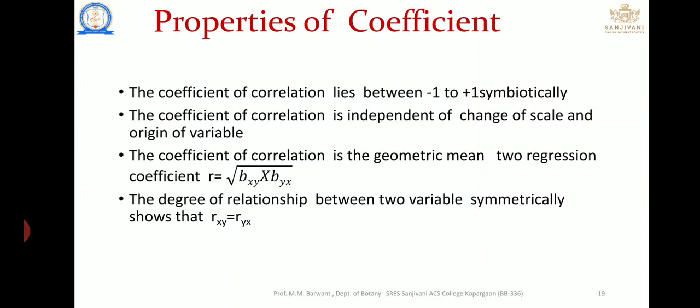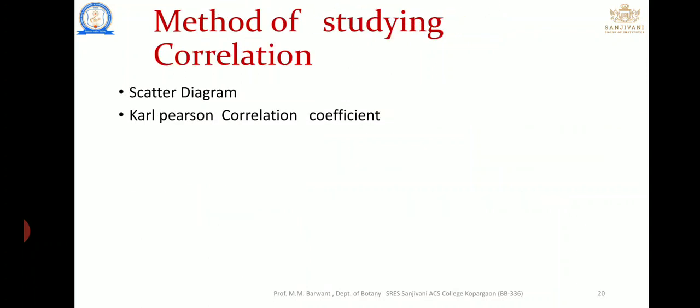The degree of relationship between two variables is symmetric, rxy and ryx. Methods of studying correlation are the scatter method and the Karl Pearson coefficient method.